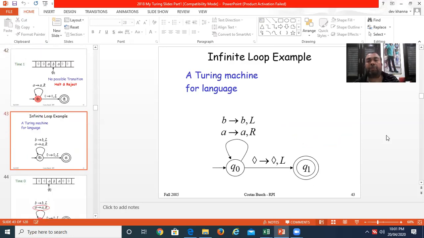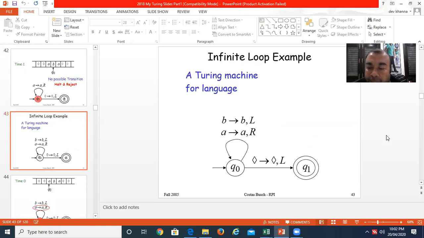Now let us take the example of an infinite loop, which is another way of saying hang. Please see this. If you are reading A from the input tape, A remains A and you switch towards the right hand side.